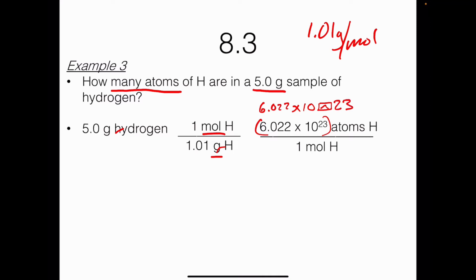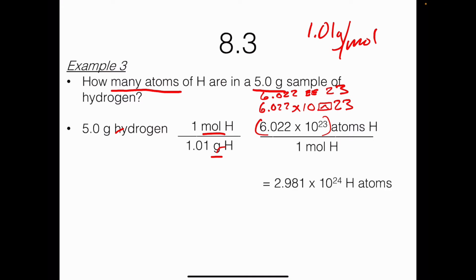You can also say 6.022, and on certain TI versions of the calculator, you might see a button that looks like this, and you would put that and then 23. However you decide to put it in is fine. But like I said, especially if that number is in the denominator, make sure you have it in parentheses.